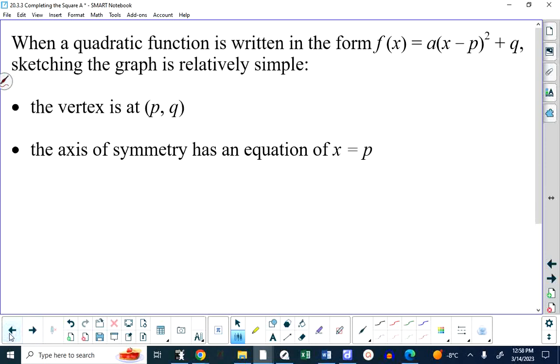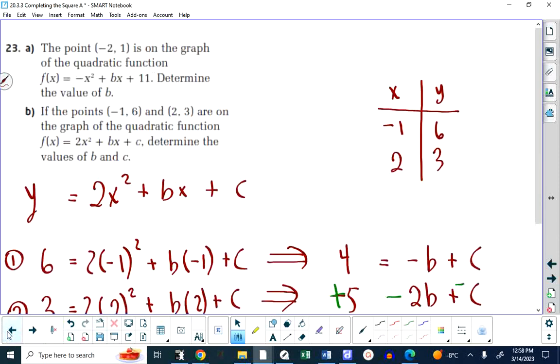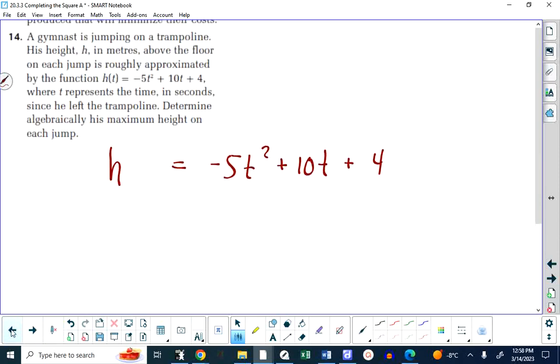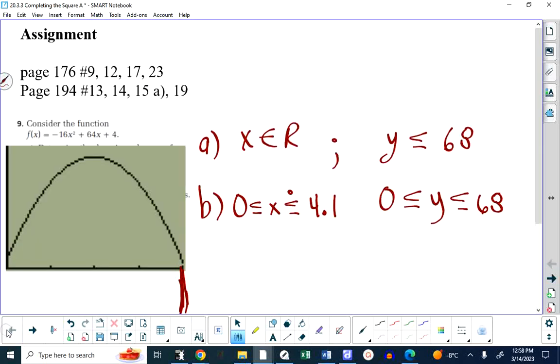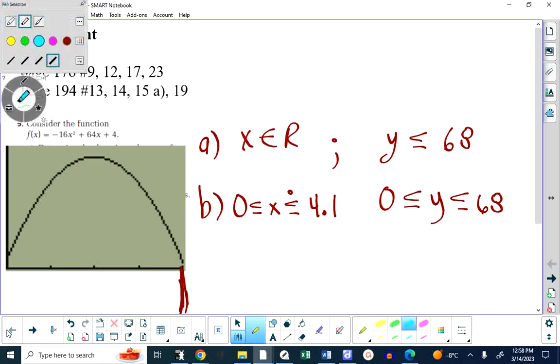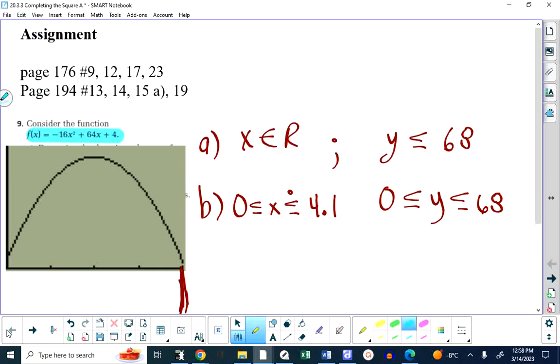For example, if we go back to the question that Alexa asked about, this one here, where we started off with y equals negative 16x squared plus 64x plus 4. Although I can't tell by looking at that where the vertex is, I don't know what p is and I don't know what q is, I do know that a is negative 16. And if I could convert this to vertex form, a would still be negative 16. Okay?